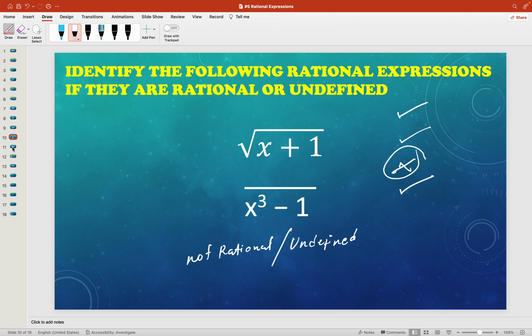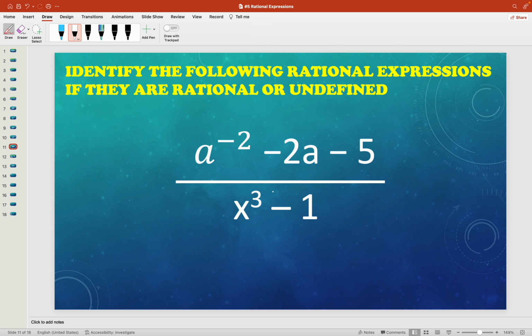Okay, next we have a raised to negative 2 minus 2a minus 5 all over x cubed minus 1. So, negative exponent, fraction exponent, variables inside radical signs, and a denominator which is not equal to 0. Since we have one rule that is violated, therefore this is not rational.